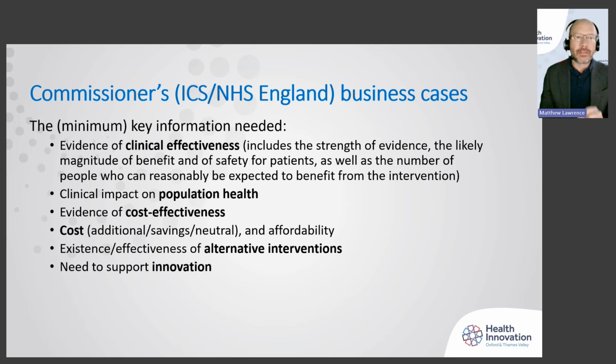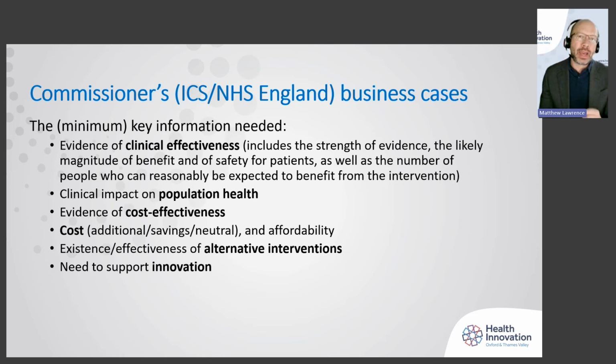So it's the strength of evidence, likely magnitude of benefit and safety, and the number of people who can be expected to benefit from the intervention. If you go to the National Institute for Health and Care Excellence, NICE, on their website, they've got spreadsheets that talk about this for different things, and they'll say how many people are affected by this condition, how many people could be treated on a yearly basis, what it's going to cost, is it really useful, is the evidence there to say it's really good to do this, as opposed to just not making a change.